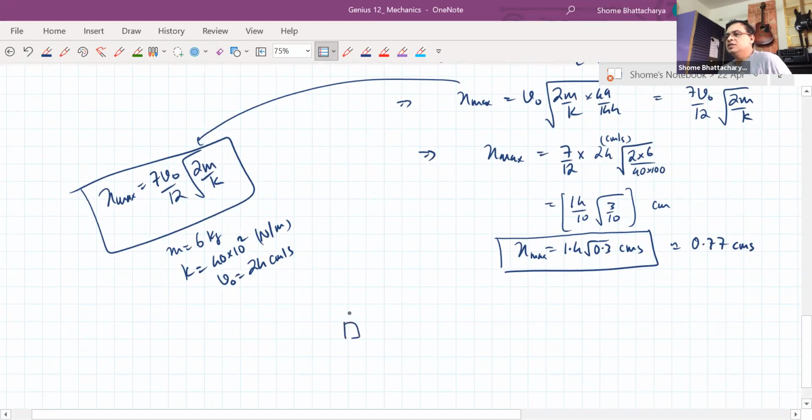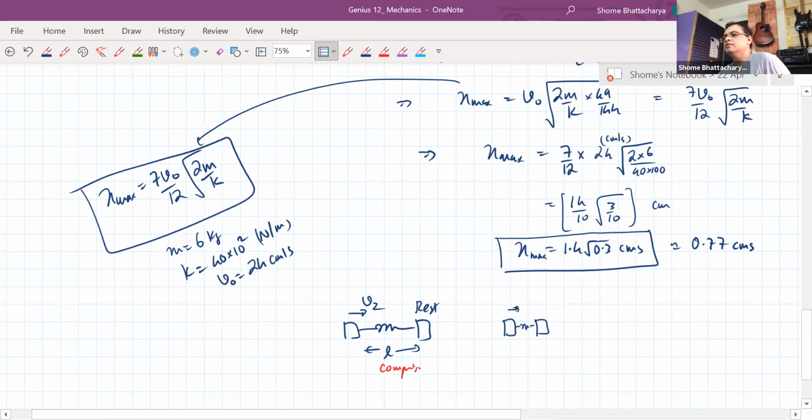Initially this one is moving with V2 and is at natural length, and this one is at rest. At this point you can see that the spring length is decreasing. It's compressing till it reaches a stage where both of them have a common velocity and the spring has maximum compression.